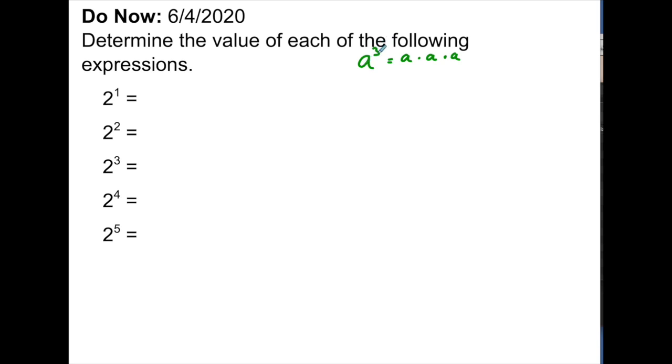So if I have a to the 3, it's a times a times a. If I have a to the 5, I should see 1, 2, 3, 4, 5. Okay? So, using this idea, please pause the video, find the value of these expressions, and then when you're ready, unpause, and you can see what I got.